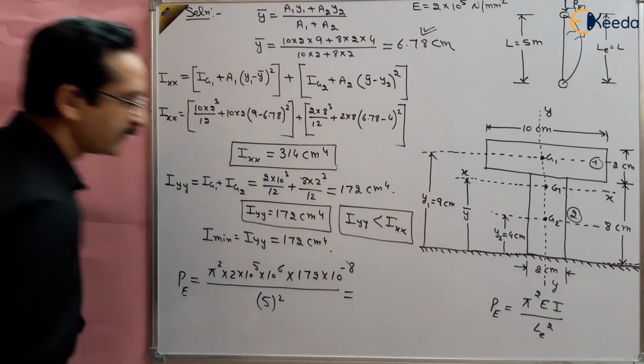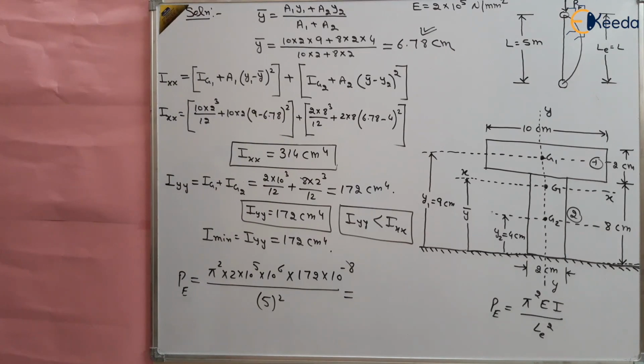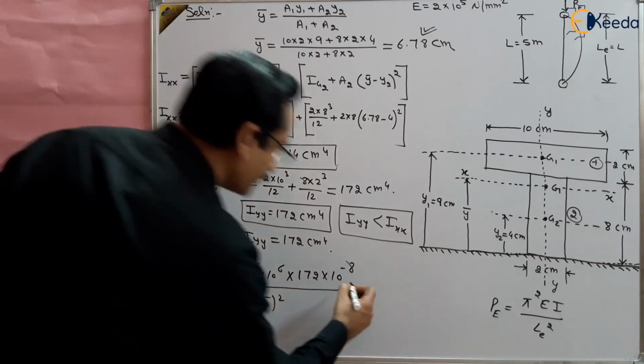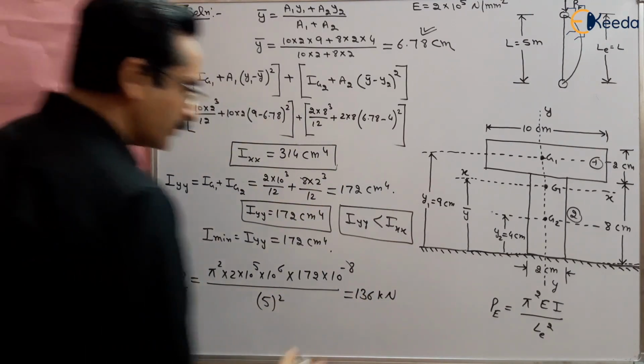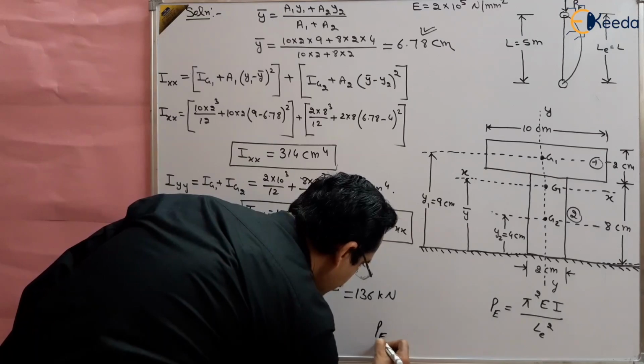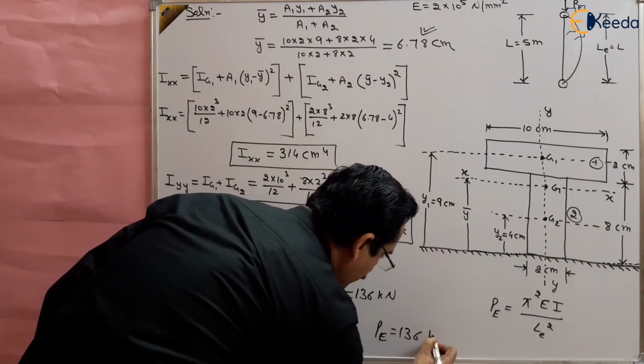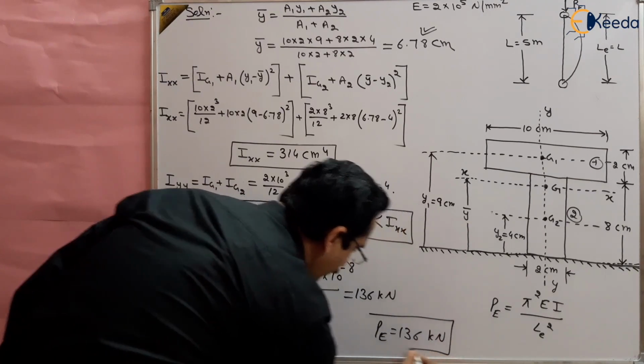From this you will get the safe crippling load, and the value will come out to be 136 kilonewton. So the answer of this question is 136 kilonewton, the safe crippling load.